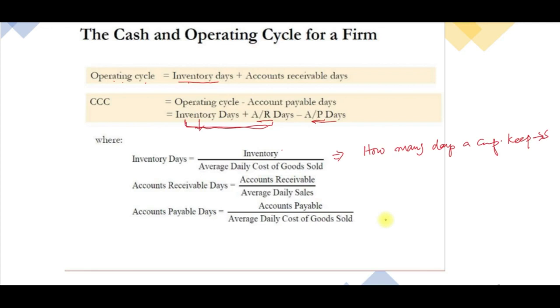Account receivable days means account receivable divided by average daily sales. In other words, how many days does it take the company to collect back the receivable.